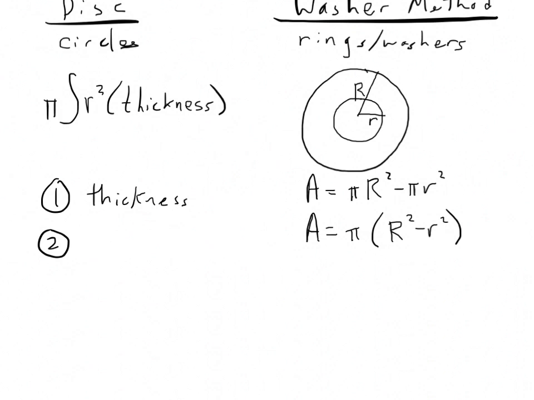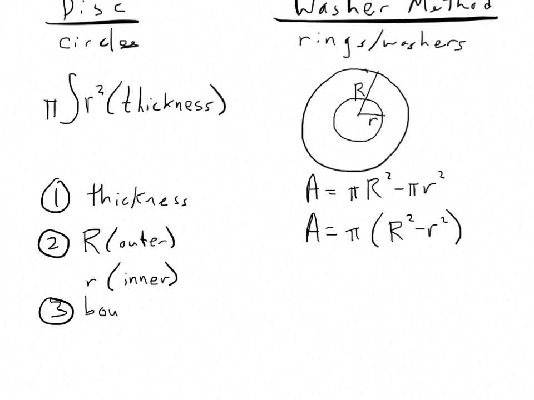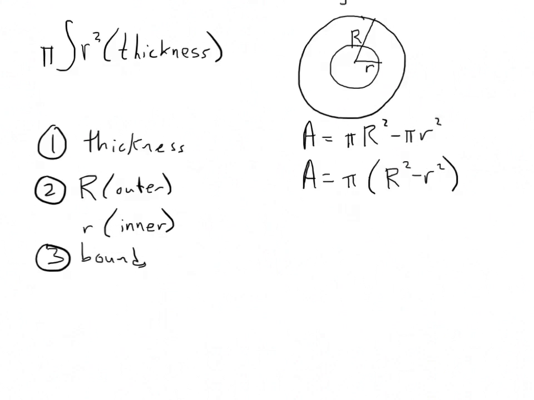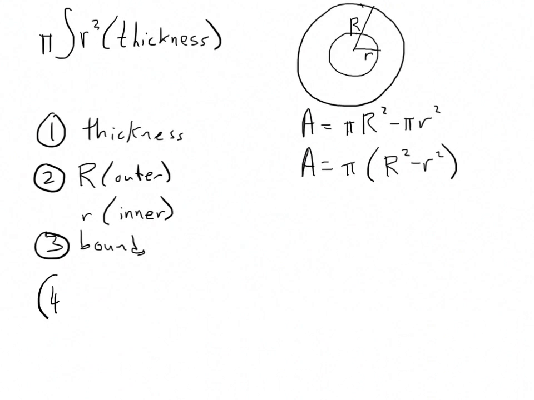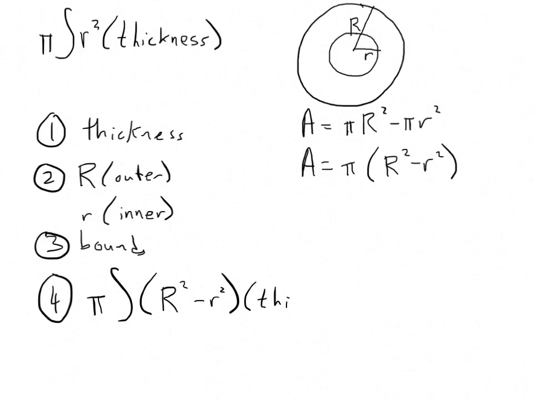The only difference here is that there's going to be a big R radius, which is the outer, and a little r radius, which is the inner radius. Step 3 was bounds. And step 4 was where we used our formula. Over here, our formula was pi r squared times thickness. Here, it's going to be pi times the integral of the outer radius squared minus the inner radius squared, again, times the thickness.